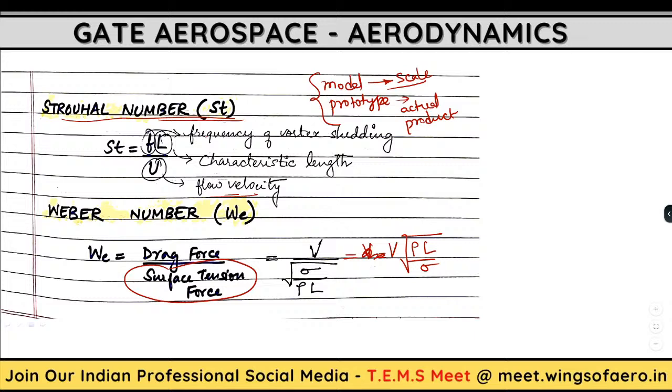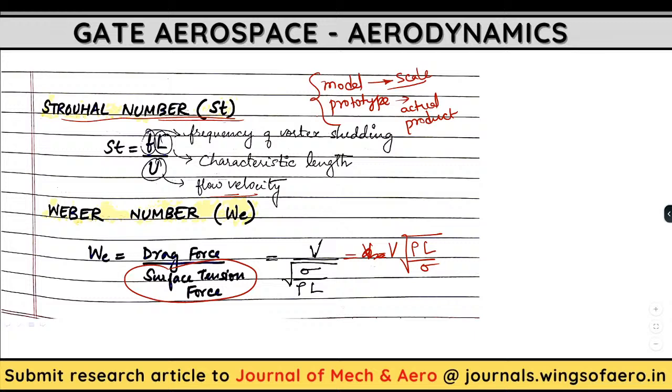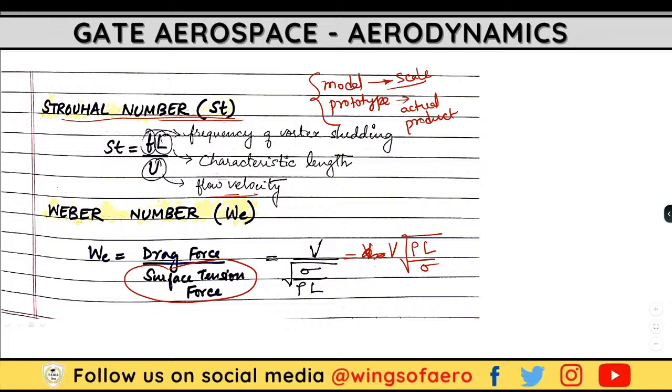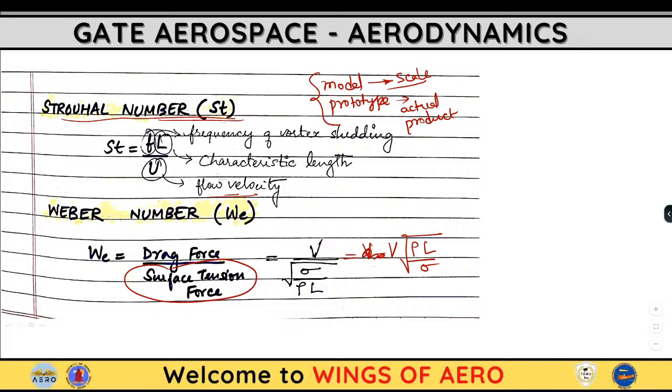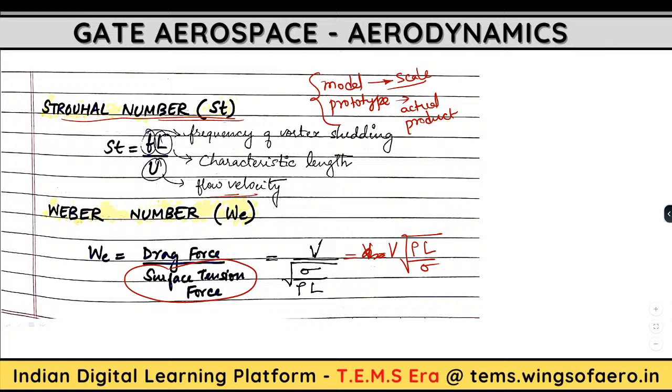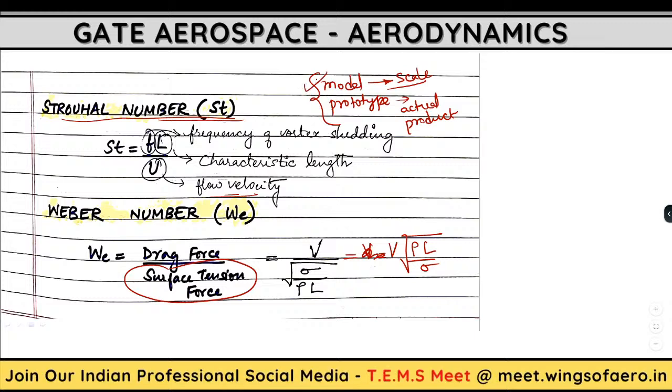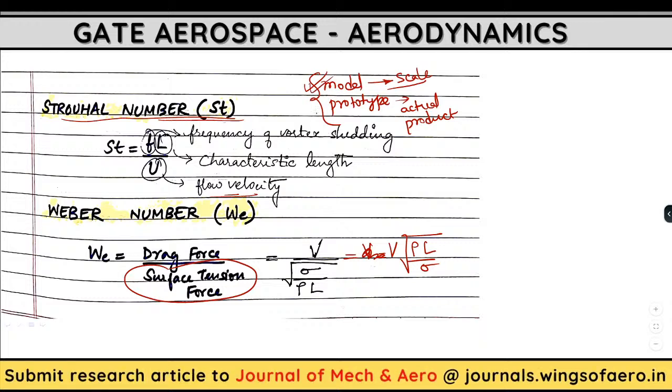This is a very important topic. Suppose we are designing an aircraft, and before manufacturing we do many calculations. When I scale down that prototype, the actual product, it becomes a model.